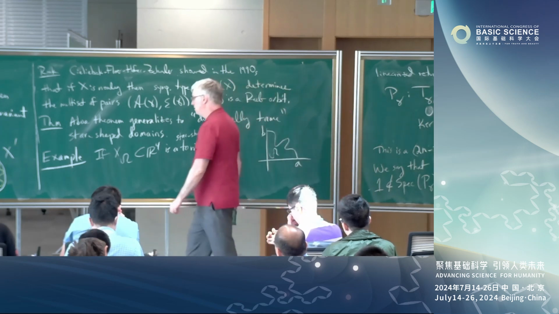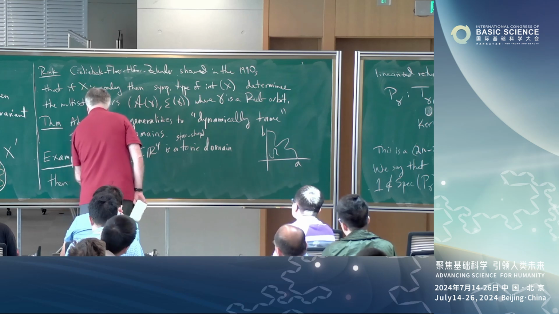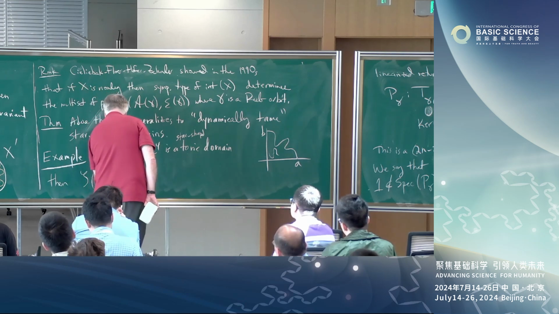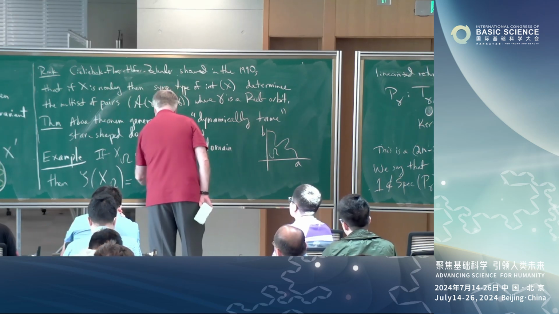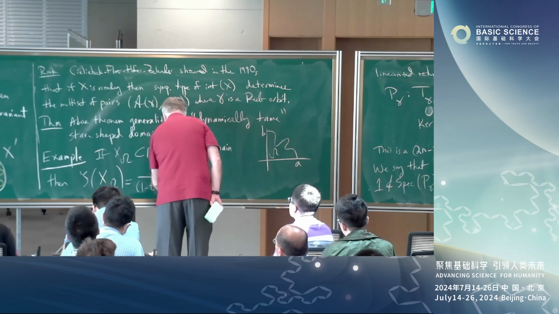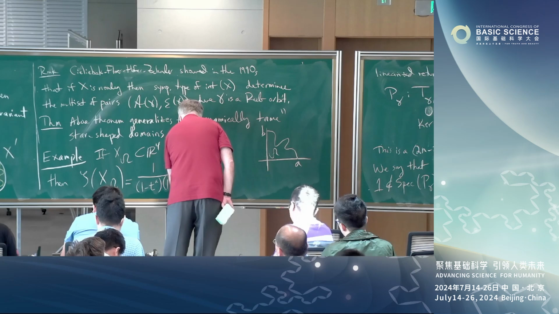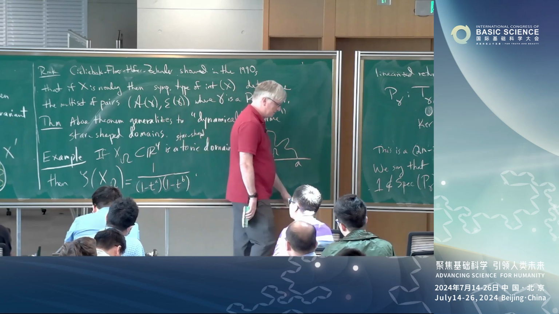In this case, I can tell you the zeta function. It's 1 over (1 minus t to the a) times (1 minus t to the b). That's it.